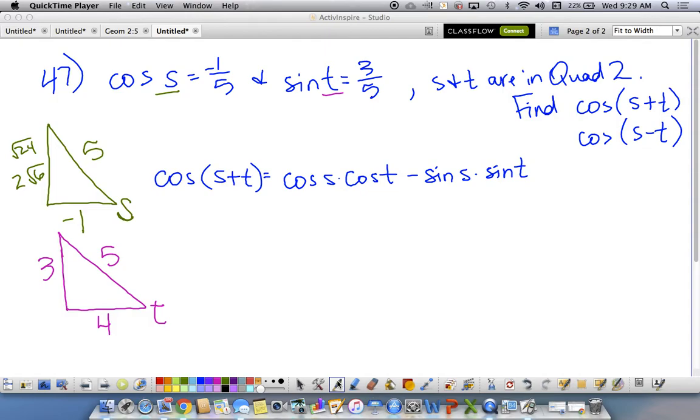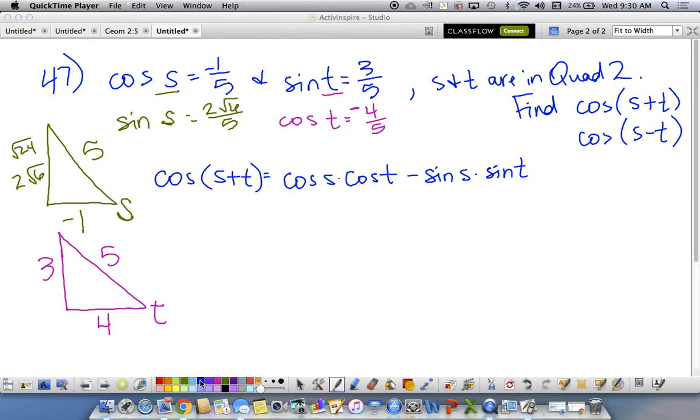So what is cosine S? What is sine S? And what is cosine T? Do I need to think about negative signs? We're in quadrant 2, so both my cosines should be negative.